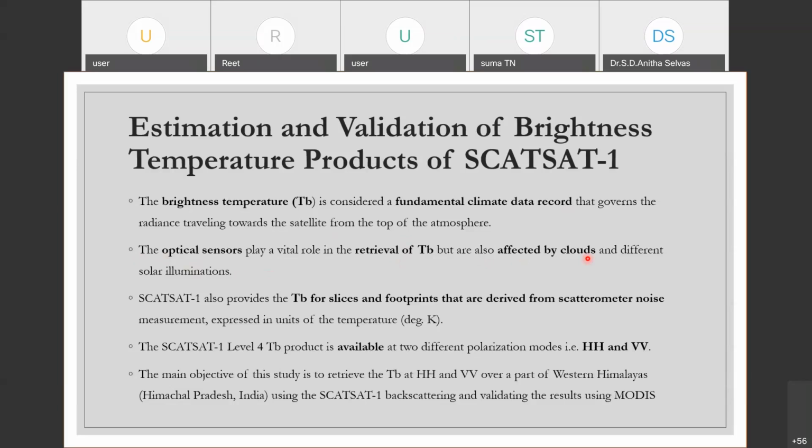But if we go for daily brightness temperature using the MODIS data, then a lot of the areas come under cloud, especially in the mountainous region. If we see the Himalaya, you will find that some portion will be covered by cloud on a daily basis. In all the seasons, even the clearest season, winter, there will be snowfall in the late winters also, after October.